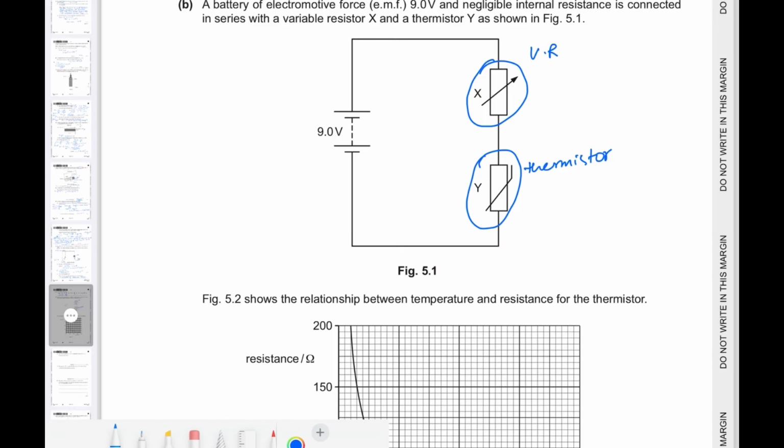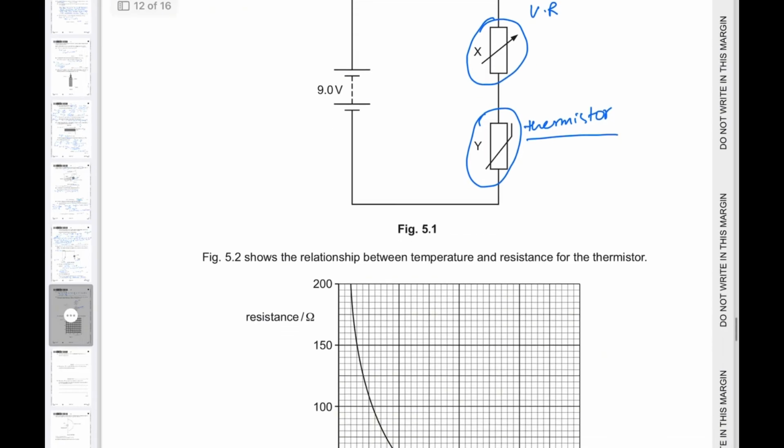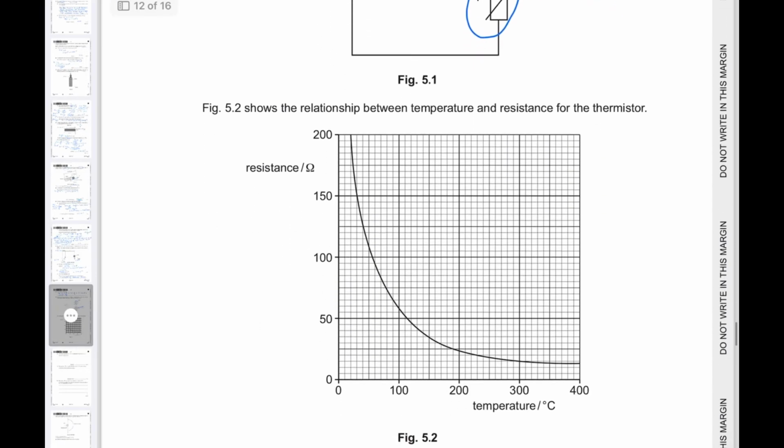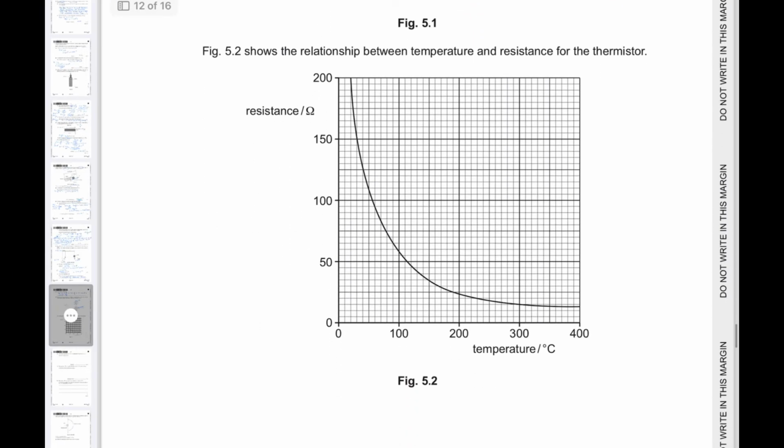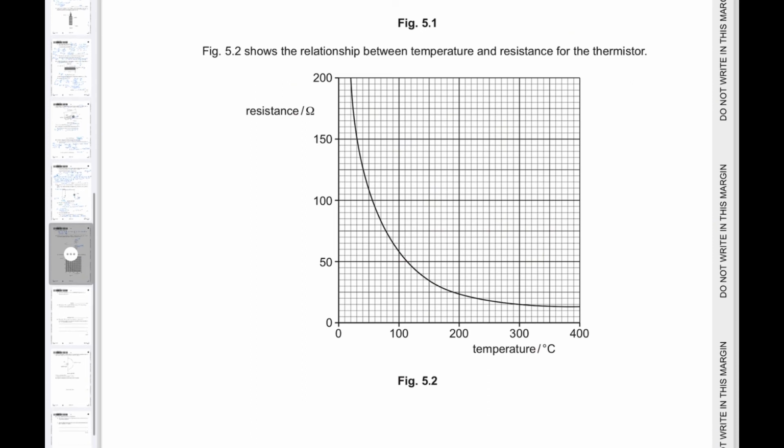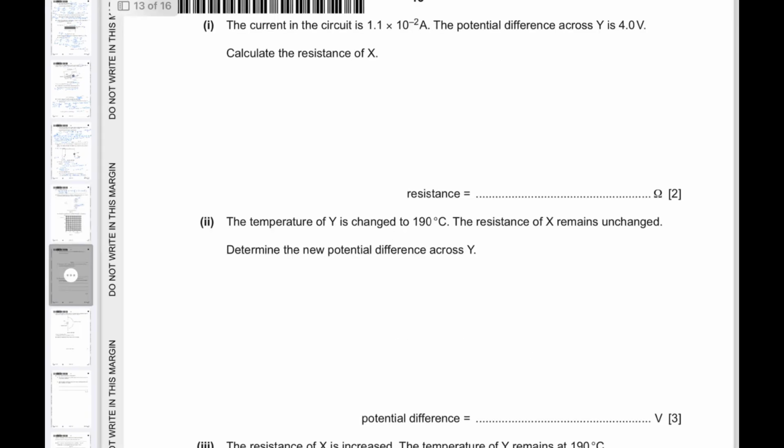For a variable resistor, the value of resistance changes, and a thermistor is a semiconductor whose resistance depends on the temperature. It varies inversely with temperature, as you can see from the relationship between temperature and resistance. As temperature increases, the resistance of the thermistor will decrease.